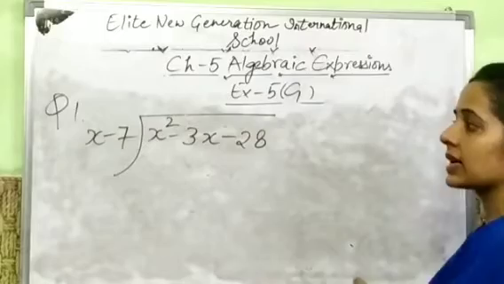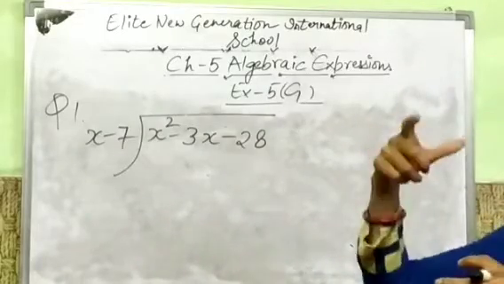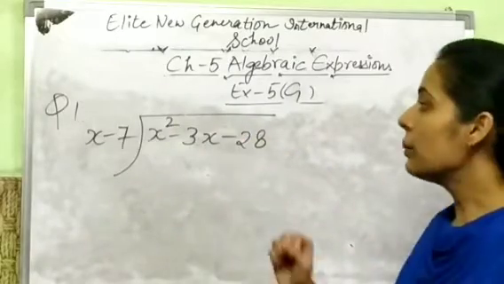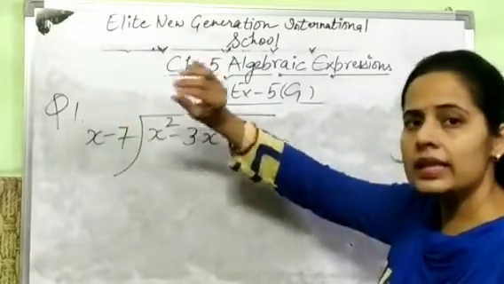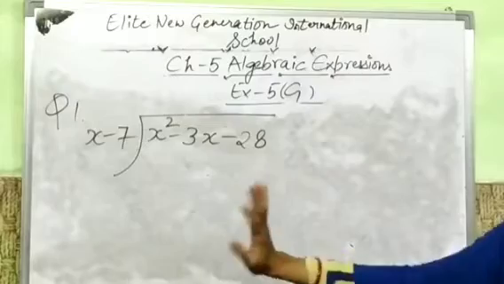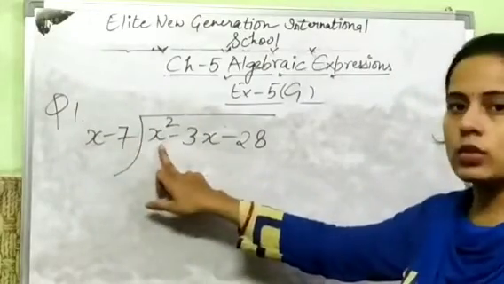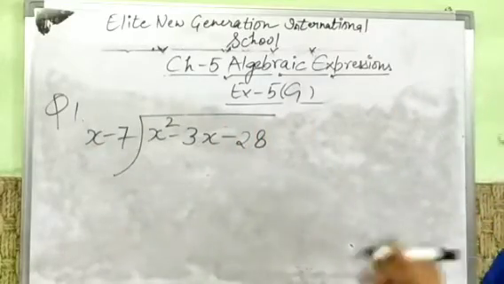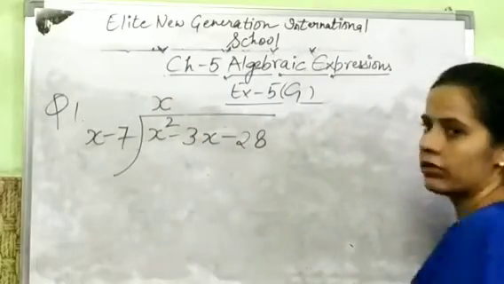How can we make this x into x square? And that term we need to write here in the quotient. So forget all the other terms first of all. Only see the first term of the divisor as well as the first term of the dividend. Here x, and we need to make it x square. When we multiply this x by x, we get x square, so we have to write x in the quotient first.